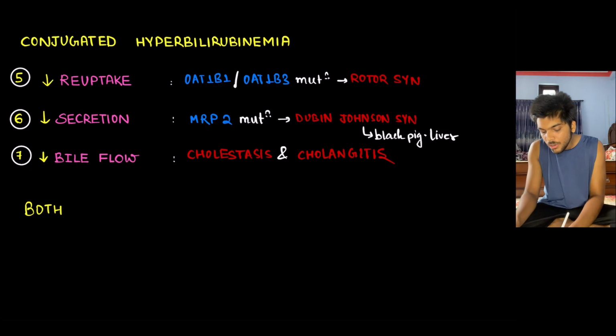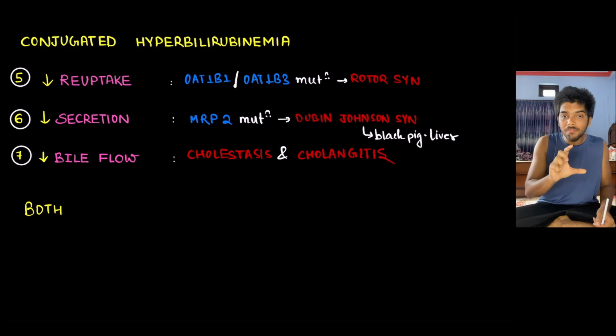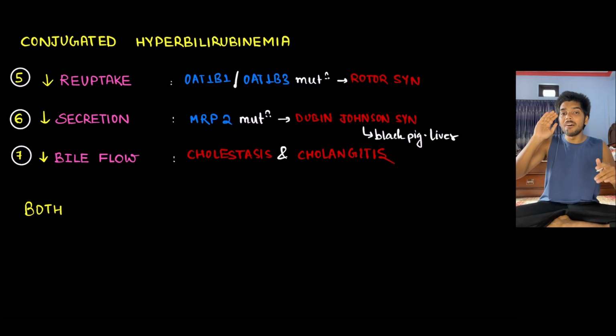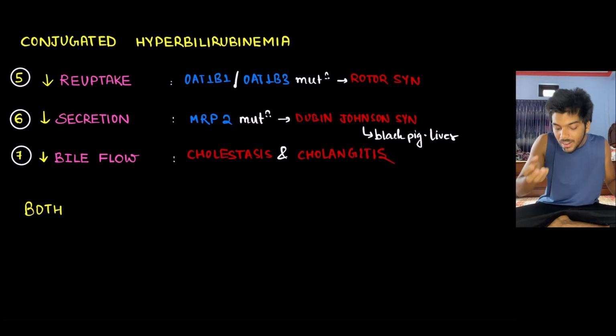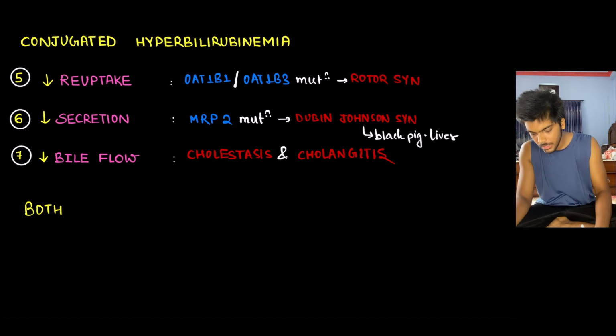The reason being, in Dubin-Johnson syndrome, there is accumulation of catecholamine metabolite, right? Epinephrine metabolite. After the metabolism of catecholamine, the metabolite that remains goes and deposits in the liver in Dubin-Johnson syndrome, leading to blackening of the liver, because that metabolite itself gives that black pigmentation. Good. All right.